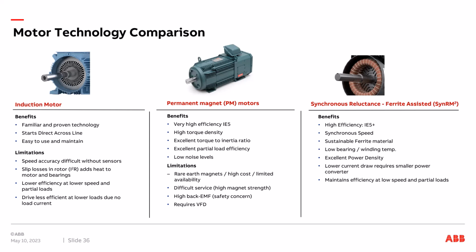It has an excellent power density and lower current draw, requiring smaller power converters. It maintains efficiency at low speeds and partial loads. The limitation is that it requires a VFD to operate. You cannot put a larger three-phase permanent magnet motor, or a synchronous reluctance motor, across the line.